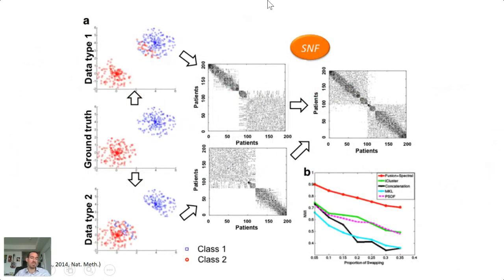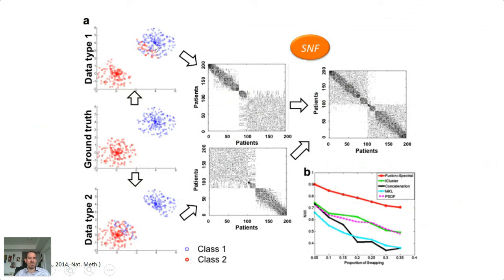And this is an example from simulated data. Imagine a ground truth where you have 2 groups of individuals, precision medicine, say two sets of people, blue and red, who are quite different from each other according to these 2 data types, and then swap out some for the other, right? Make it an imperfect grouping. So take some of these individuals and have them look more like blue, and then take some of the blue people and have them look more like red.